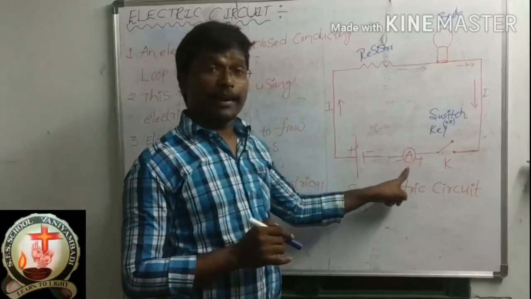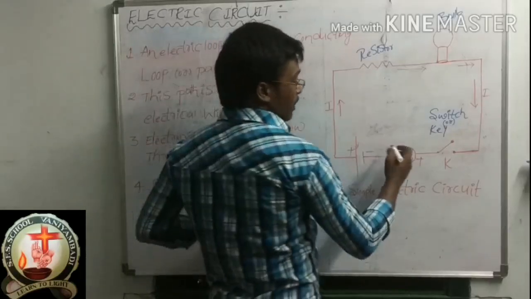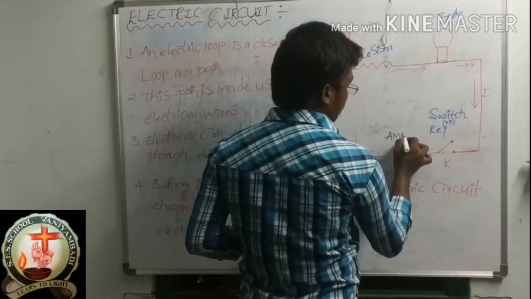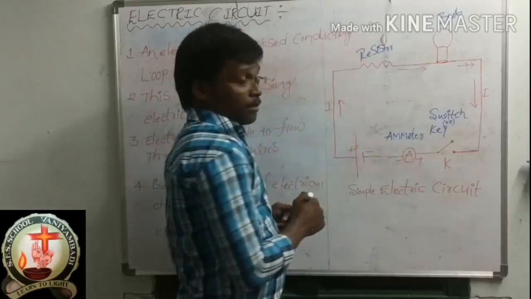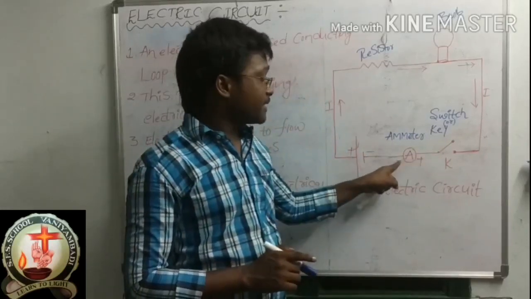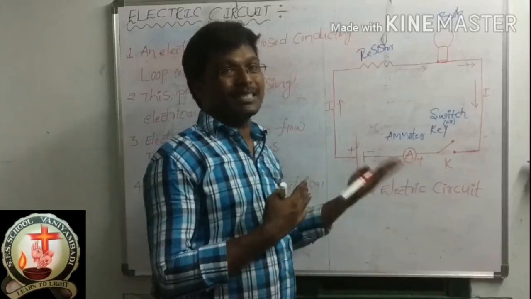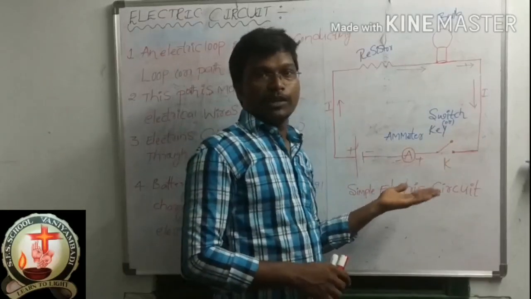Now this one I already explained to you, the ammeter. This is the negative terminal of the ammeter and this is the positive terminal of the ammeter. Terminal means side. This is the negative side and this is the positive side of that ammeter.